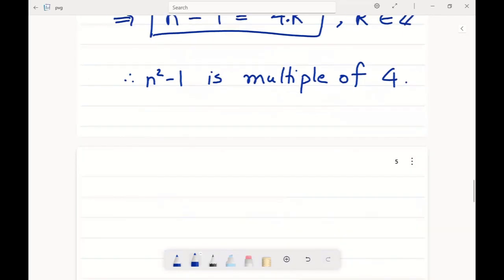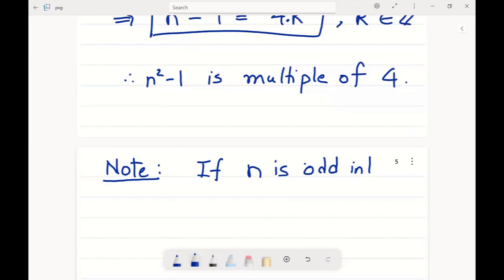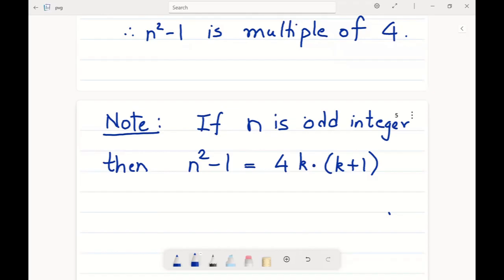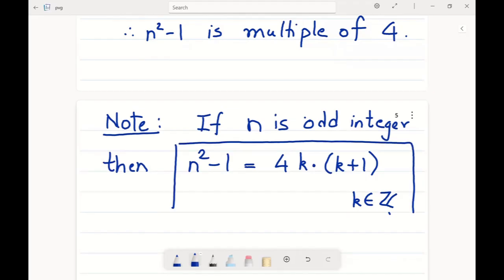Note: if n is an odd integer, then n square minus 1 is 4 into k into k plus 1, where k is an integer. This is an important result we are going to use later on.